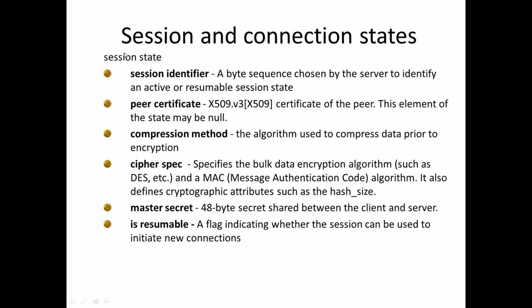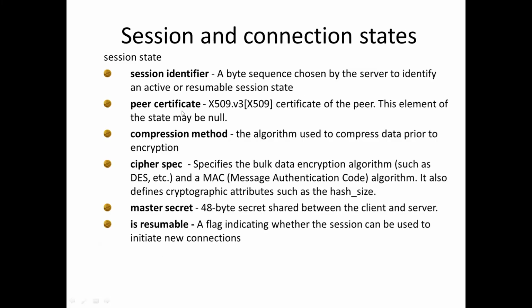So coming to the session and connection state. First we'll understand what you mean by session state. A session state basically has a few parameters. First there is a session identifier, which is a byte sequence chosen by the server to identify an active or resumable session state.